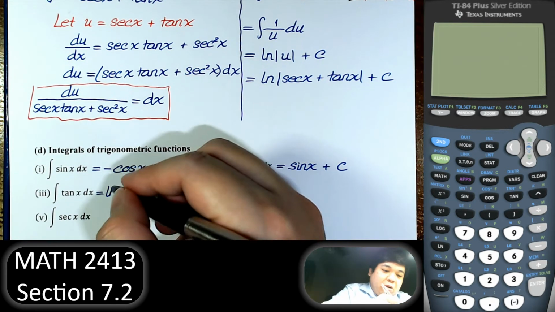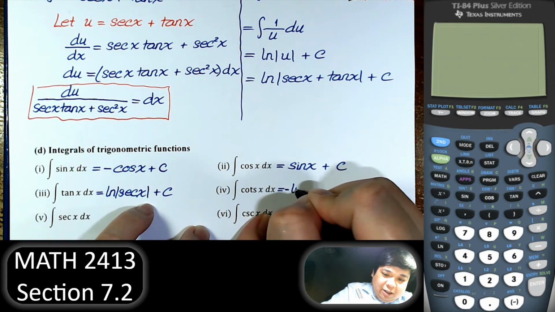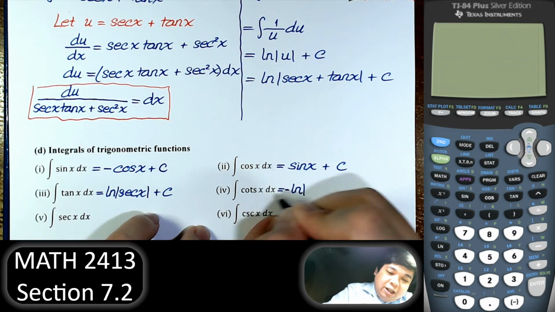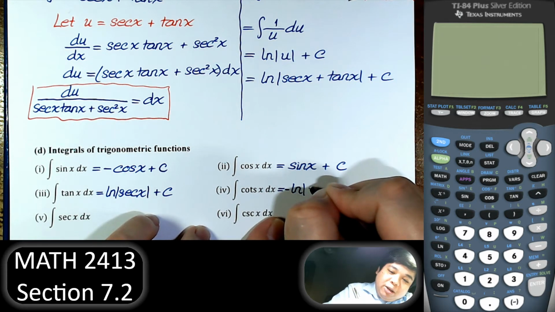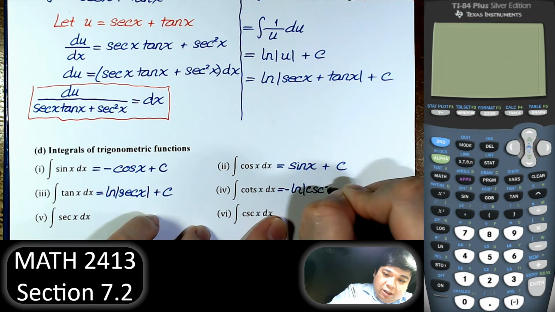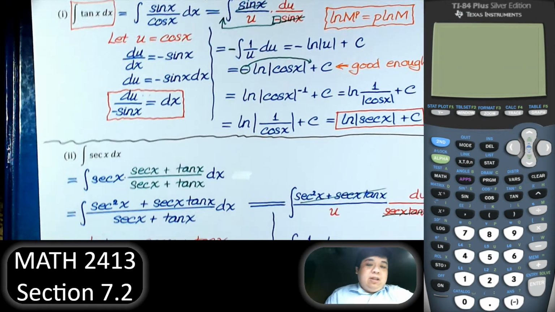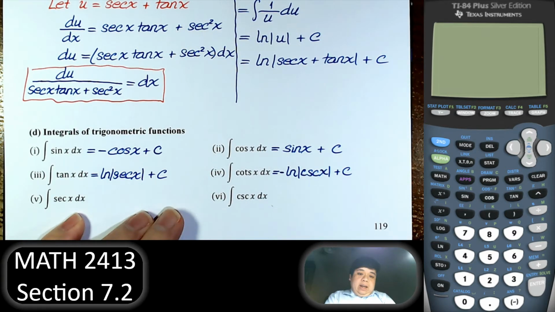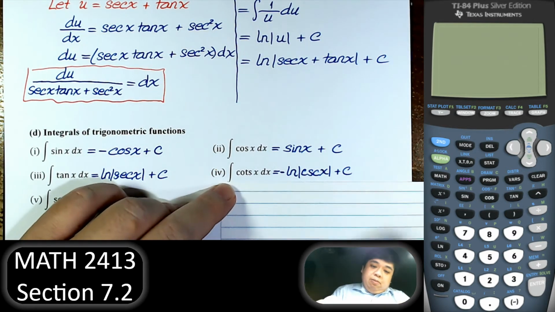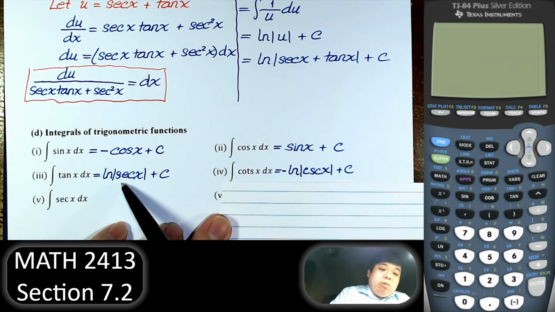And the cofunction, of course, we can write as negative ln of cosecant. However, if it is negative, that certainly works. I mean, we just go from the function to the cofunction and throw the negative in.